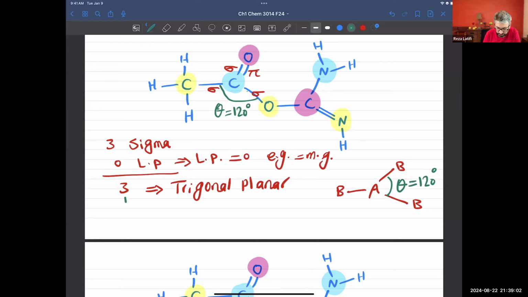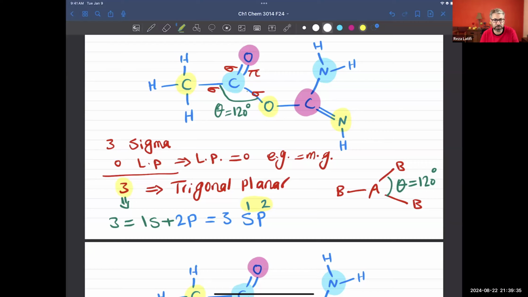How about the hybridization? You say I have 3 pairs. I'm going to use 1 from S, and I need 2 more orbitals, 2 from P. So we need 3 orbitals: always S1, and how many do we need to add to make it 3? We need 2 from P. Keep this in your mind: when you add these 2 exponent numbers, they need to be equal to sigma plus lone pair.